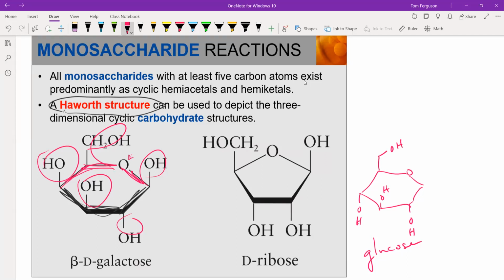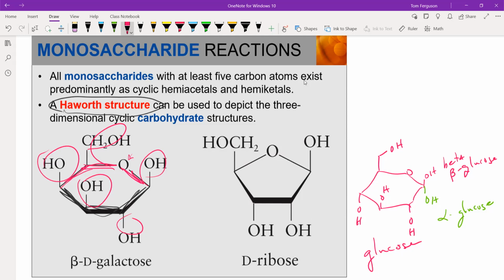This one over here can be up or down. Still glucose. When it's down, it's called alpha glucose. And when it's up, it's beta glucose.